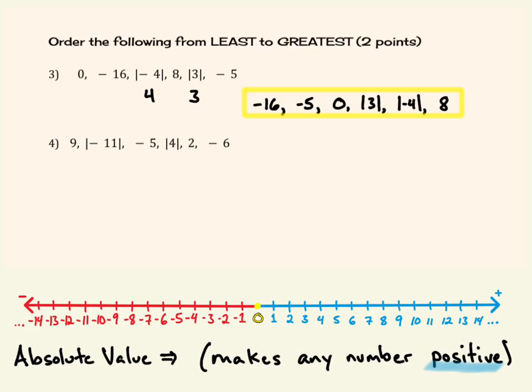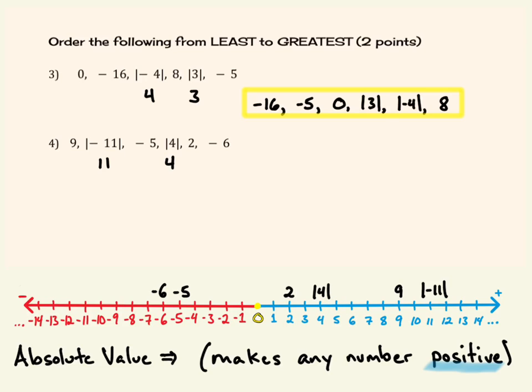Now let's go on to number 4. So the absolute value of -11 is 11. The absolute value of 4 is 4. And I can put these in order from least to greatest on the number line. So I can put 9 down. Absolute value of -11 is 11, so I'll put that right above 11. -5 is right above -5. Absolute value of 4 is 4.